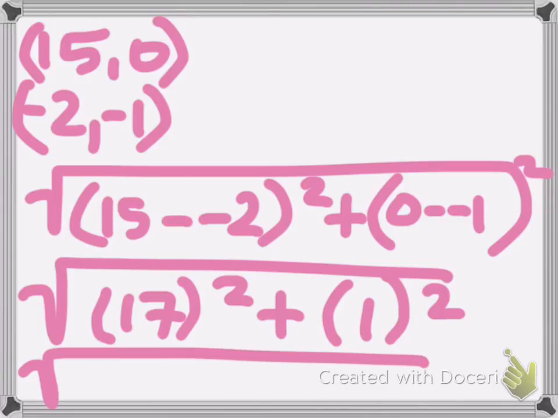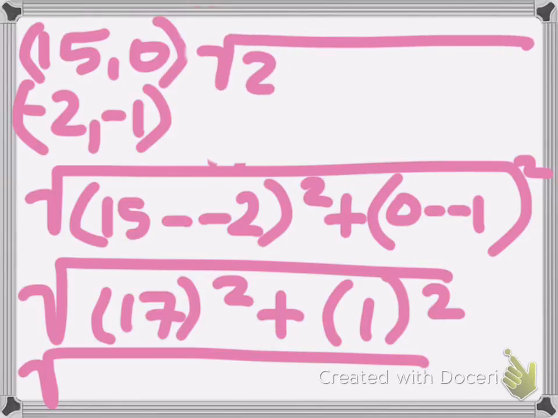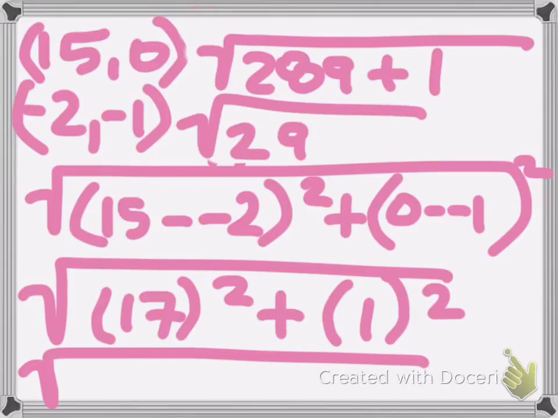Now 17 squared gives me 289, so I have the square root of 289 plus 1. So my answer would be the square root of 290. That's going to be EF.